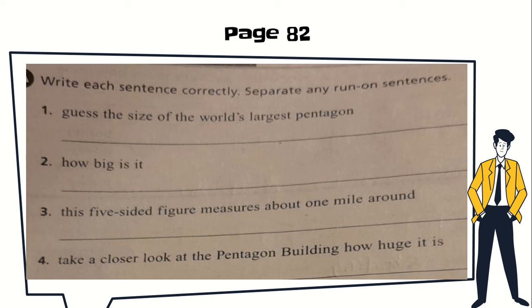It needs the end mark. This five-sided figure measures about 1 mile around. Declarative sentence. That's what it needs. Number 4. Take a closer look at the Pentagon building. How huge it is. It has two sentences. Okay.